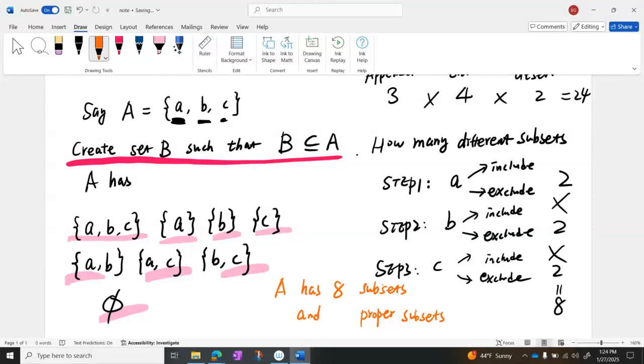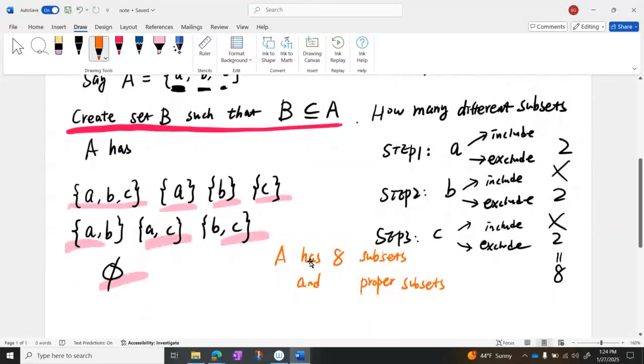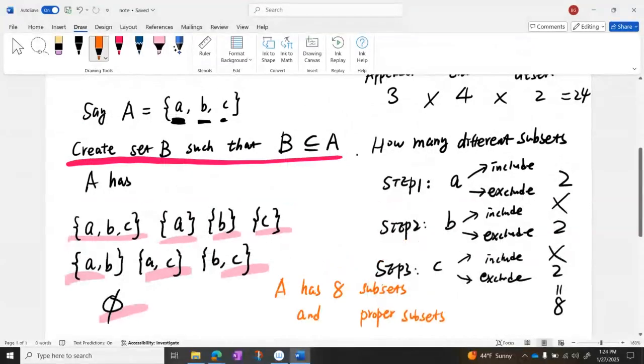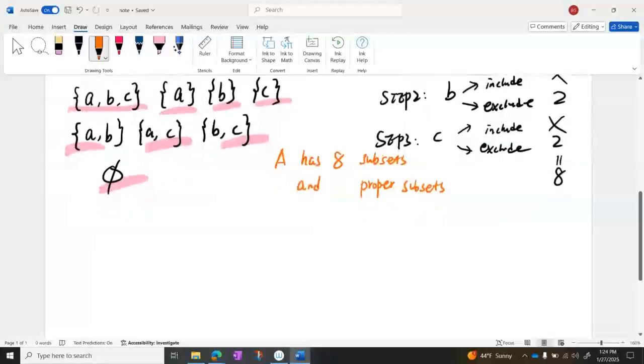What's the definition for proper subsets, guys? Proper means the subset is not equal to the original set. All right, you can maybe understand this.